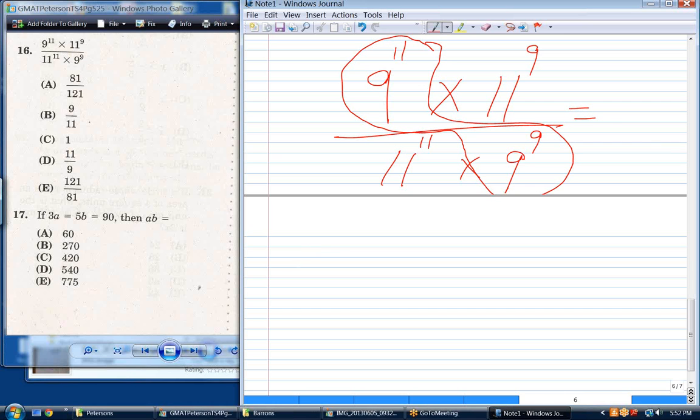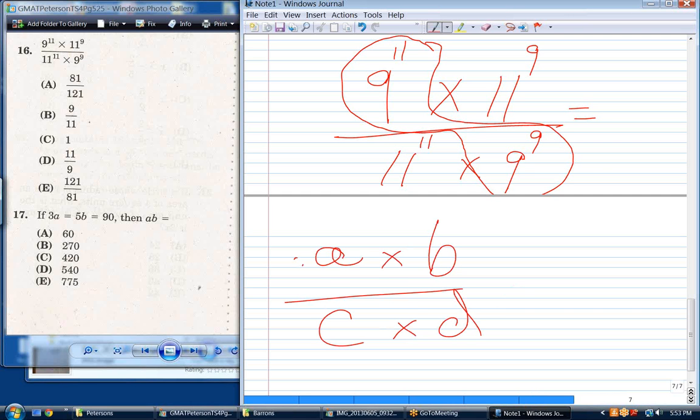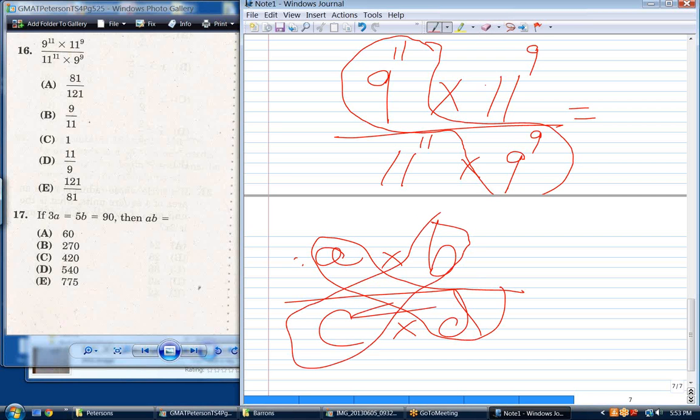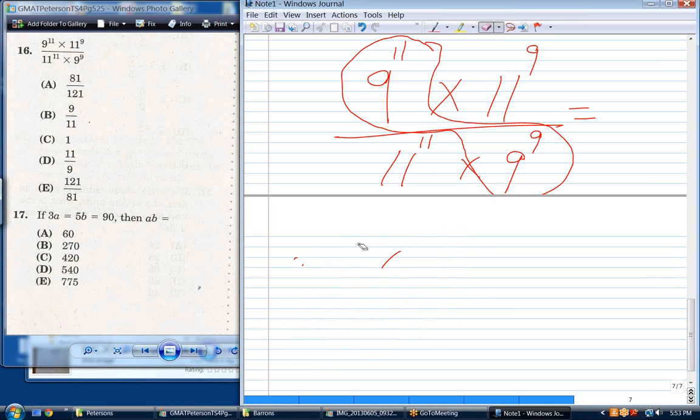In other words, if I have A times B divided by C times D, it's okay for me to look at A divided by D and multiply that by B divided by C. The associative property applies. What's 9 to the 11th divided by 9 to the 9th? Subtract exponents.